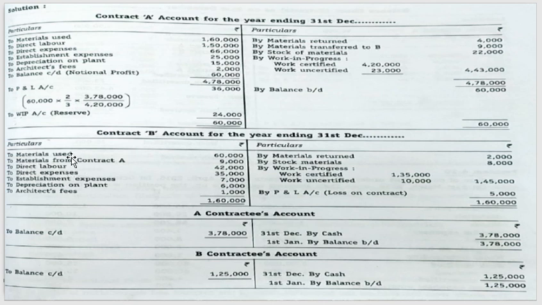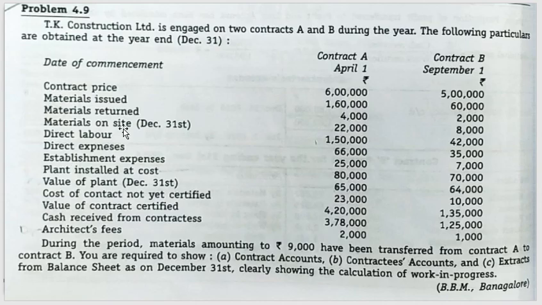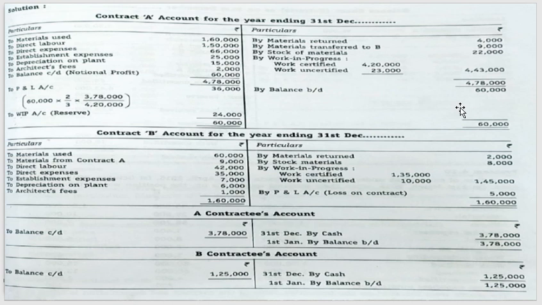First we will record materials issued, which is 60,000. Then materials returned will be on the credit side as 2,000. Next, the item transferred from A to B, stated in the adjustment, is written on the debit side because it is being received into contract B. So, to materials from contract A, 9,000.